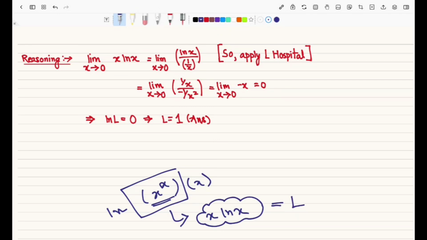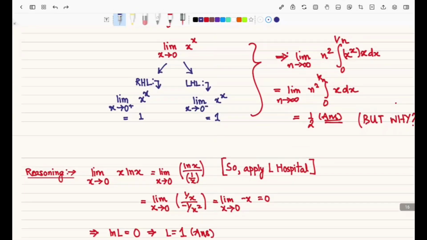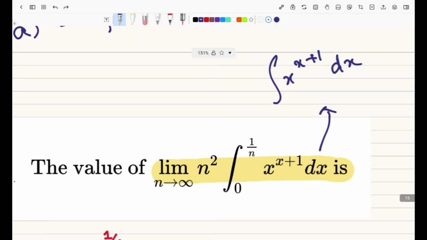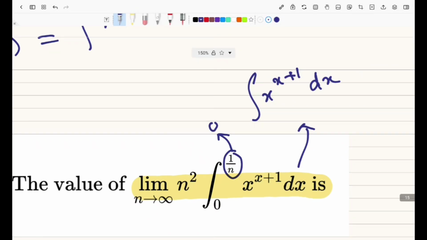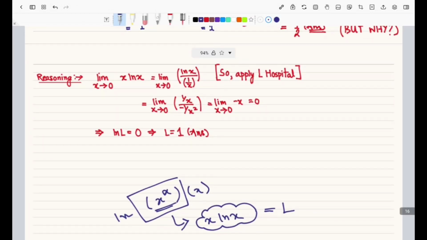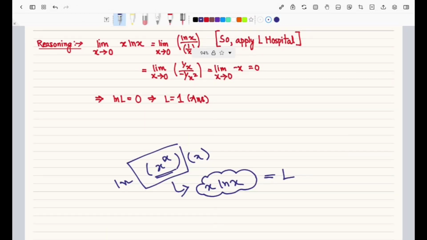Let us suppose that the limit of this is L. If you see, the limits here are 1 by n, and as n tends to infinity, 1 by n tends to 0. Therefore we focus on the limit of this expression when x tends to 0.